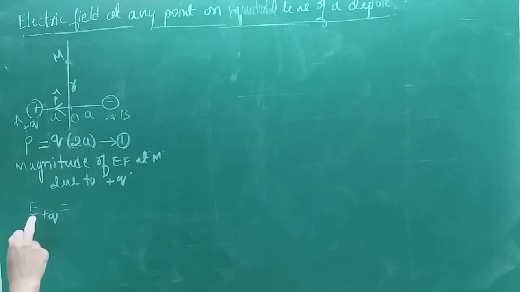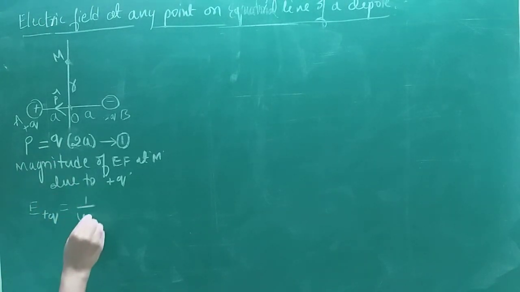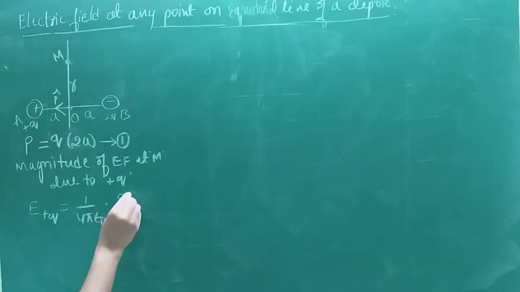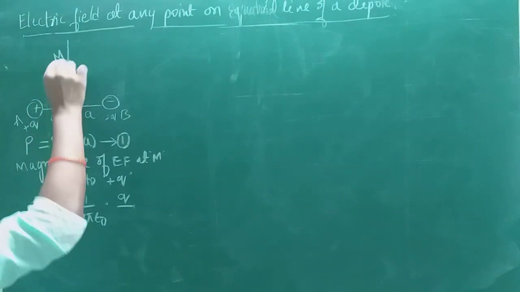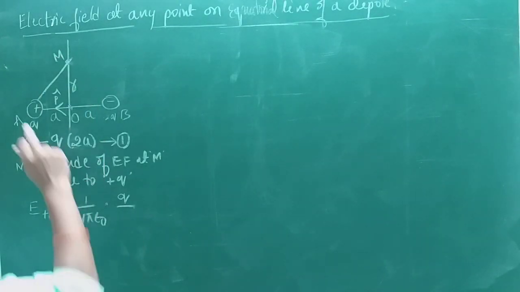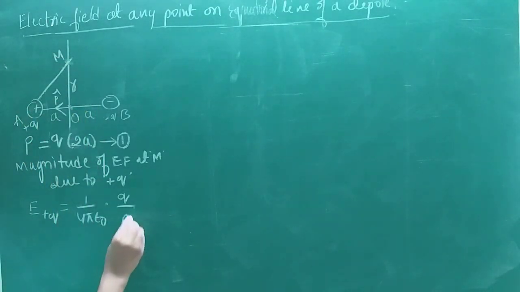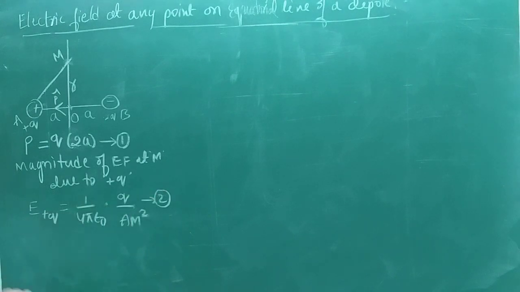So we can write E plus q is equal to, from Coulomb's law, 1 by 4 pi epsilon naught into q by the square of the distance of this observation point from A, which is AM. So AM square. Let us take this as equation 2.